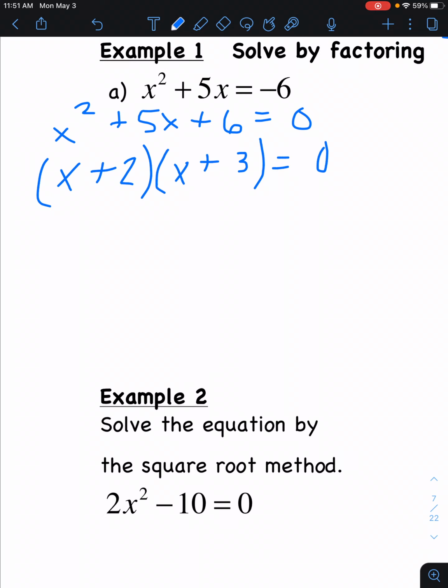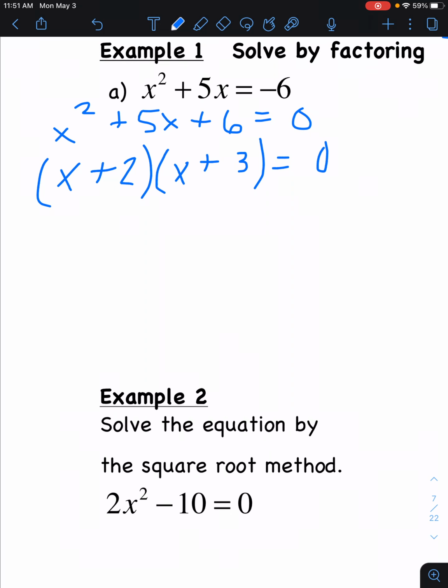I see people all the time just put like 5 and 6 or 6 and 1, stuff that doesn't meet that criteria. So 2 times 3 is 6 and 2 plus 3 is 5. So this is completely factored. I don't have any more exponents. So at this point, I'm allowed to go ahead and find out what my zeros are.